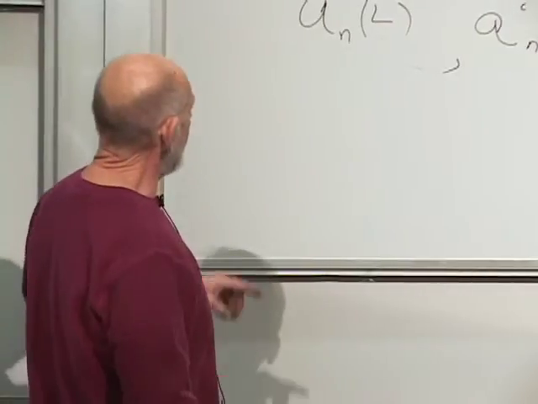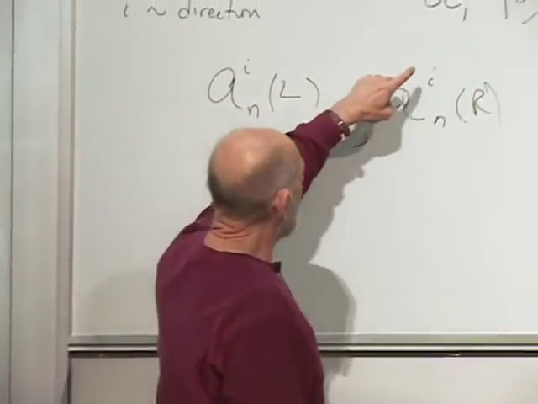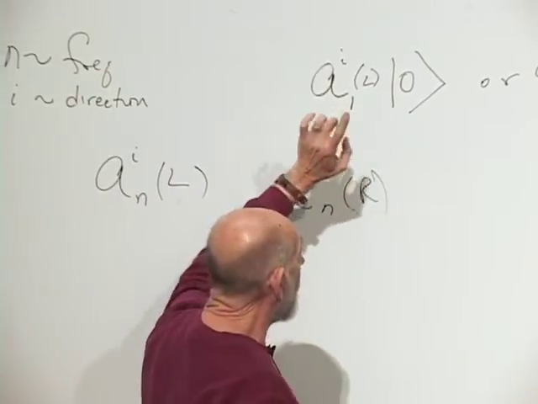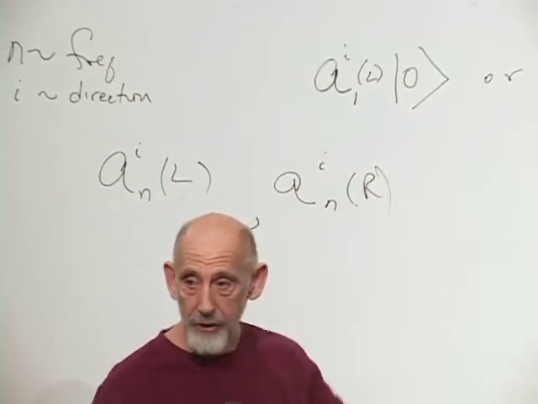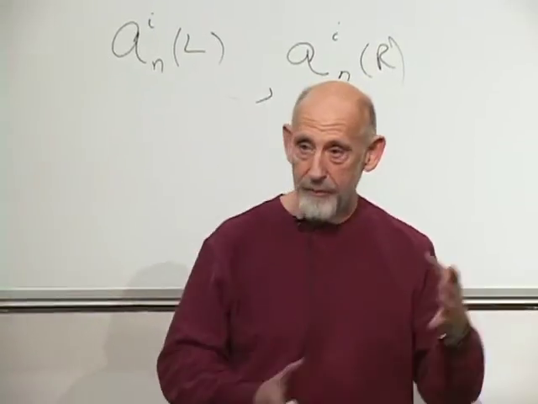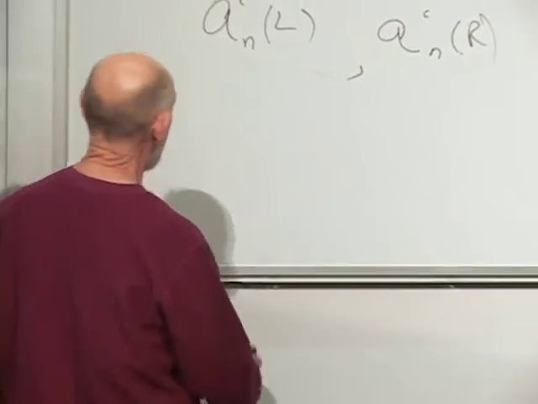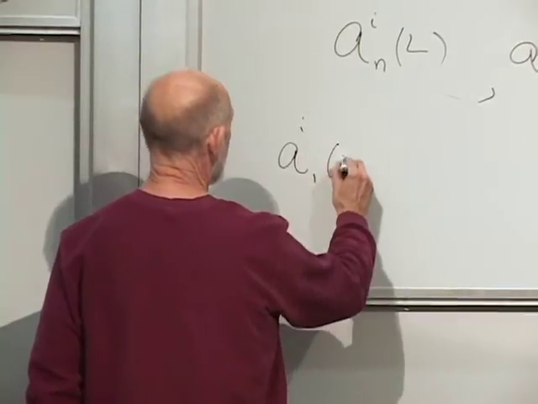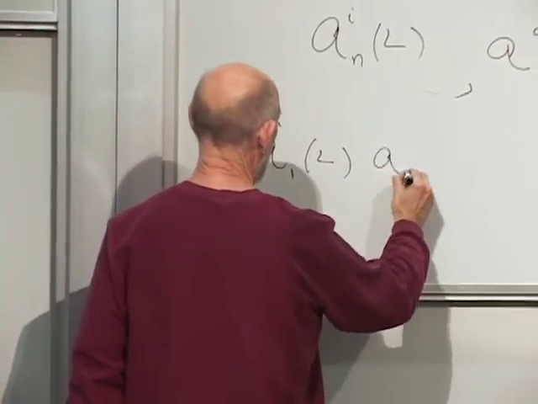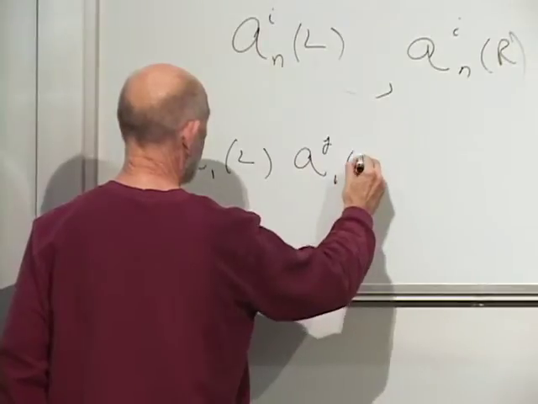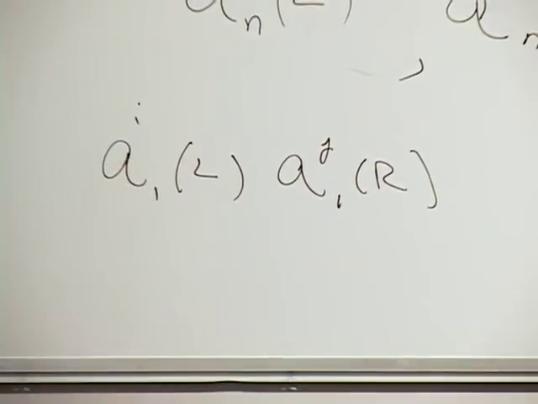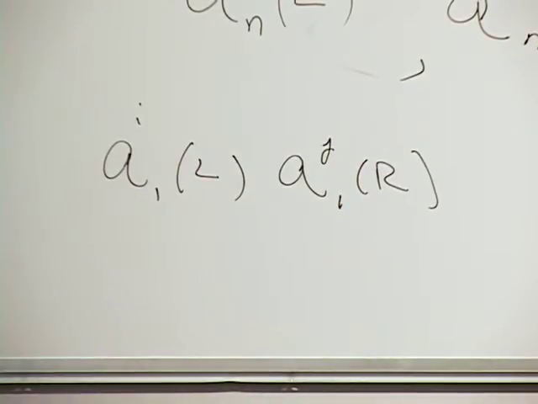What's the next thing up? The next thing up is to apply 2 units of the lowest oscillator, 1 left and 1 right, to make sure that you have balanced energy going in left and right. And that means A_1^I left times A_1^J right. I and J are 2 directions of space.